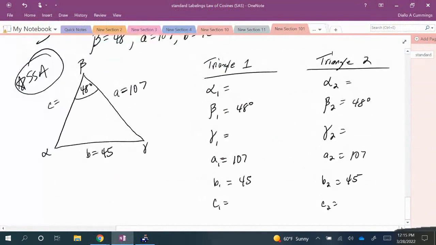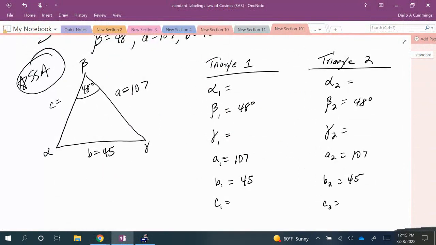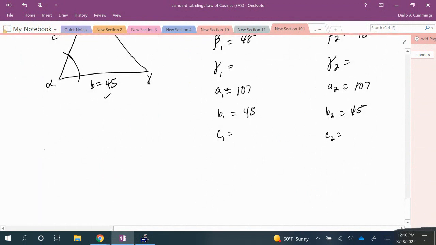So going back to our example, which angle could we possibly find? Well, we know angle beta, we know side length B, and we know side length A, so it's possible to find angle alpha by using a law of sines proportion. So that's what I'm going to do here. I'm going to find alpha.